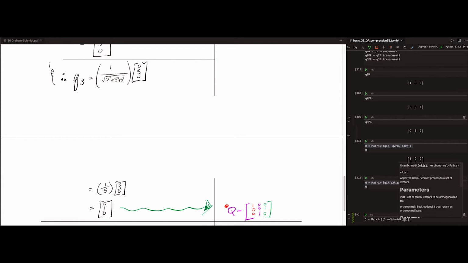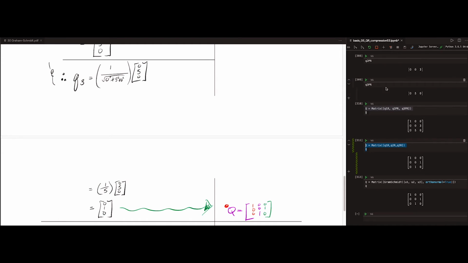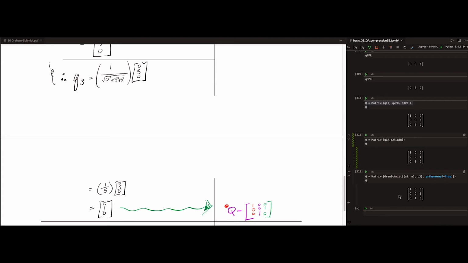What we want is to pass in our unit vectors u1, u2 and u3, and say that these are orthonormal, and we're going to call true. What this is going to do is just calculate it for us anyway. So you can see that our manually created matrix matches the SymPy calculation, which is really cool. And now we can actually go one step further since we're already here.